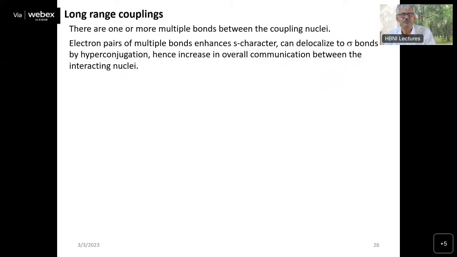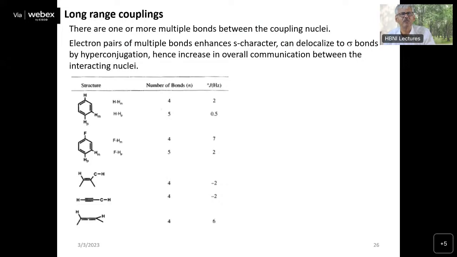Now, long-range coupling, I have told you, when you have a pi system, like in the case of benzene, you can get up to para coupling. So these are the examples.